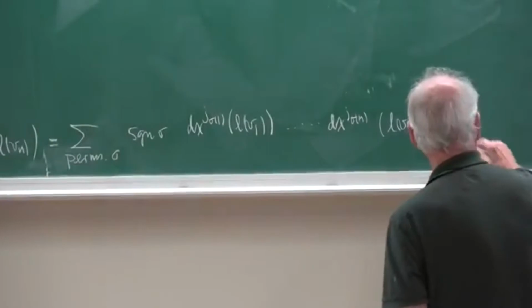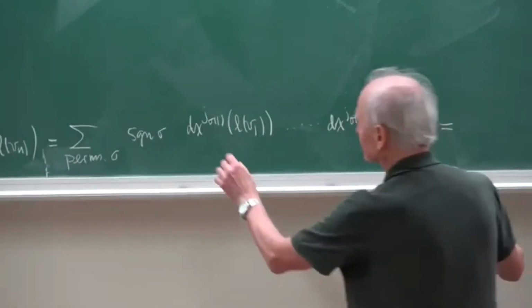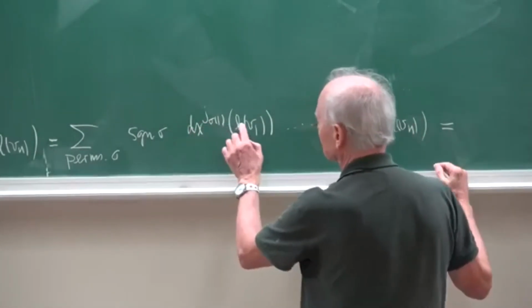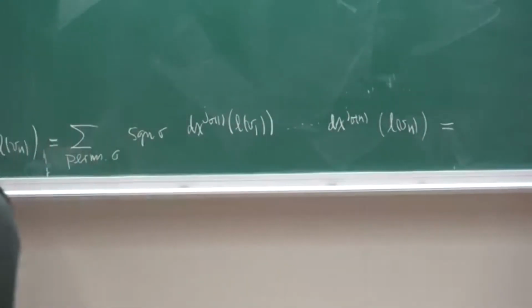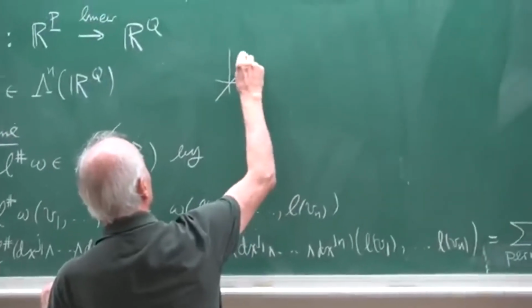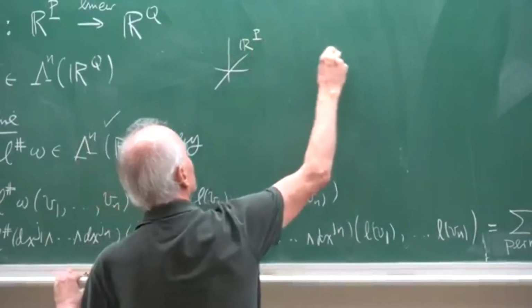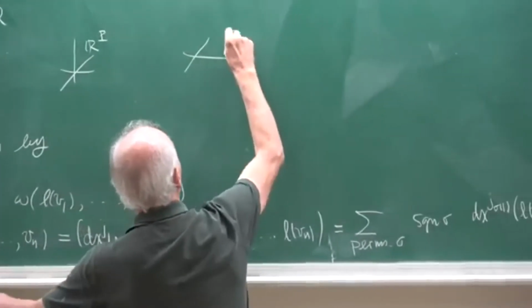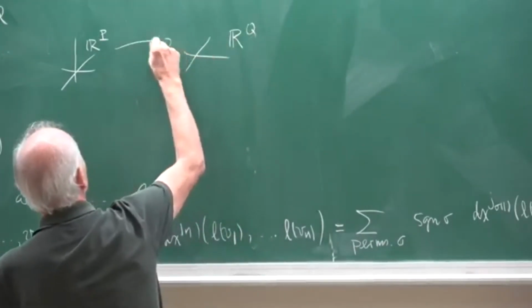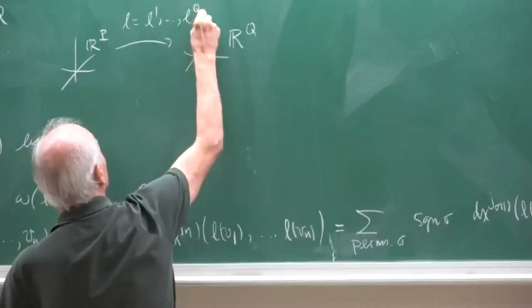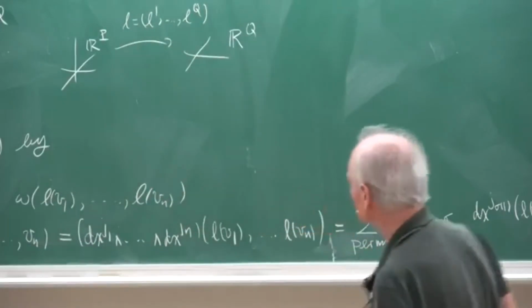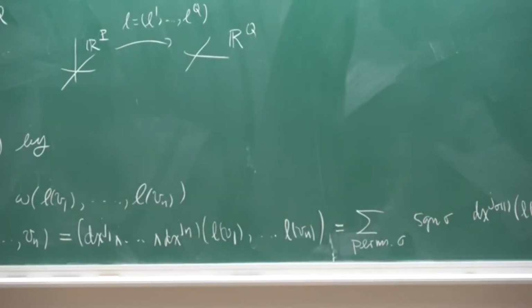And dxj sigma 1 just picks out the j sigma 1 component of L. Remember, L is a mapping into R^q, so that means L has components L1 up to Lq.